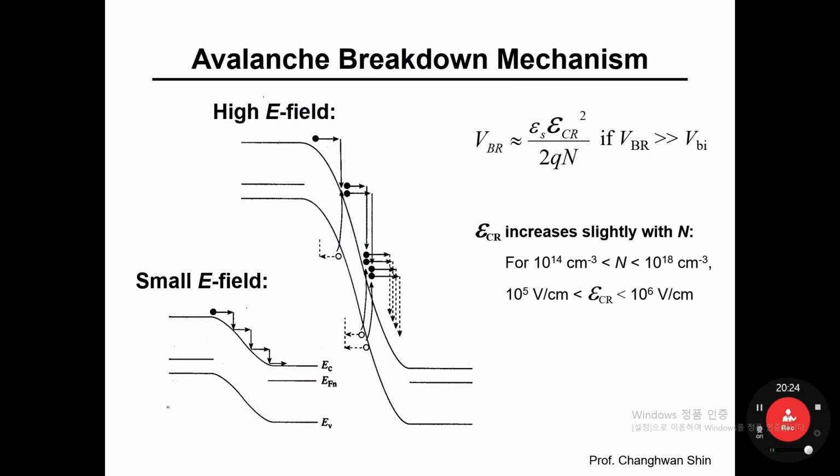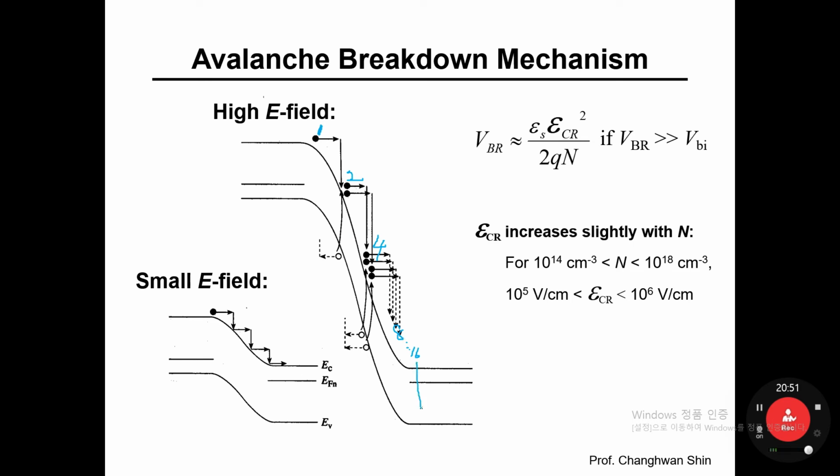So let me erase my note here. So simply 1 electron has been injected into the depletion layer, but now 2 and 4 and 8, and afterwards 16, 32, 64, 128, 256, 512, 1024, and so on.